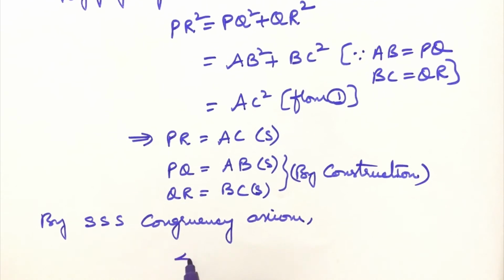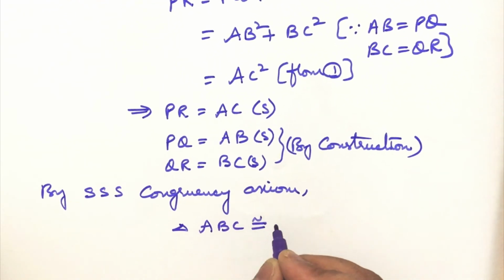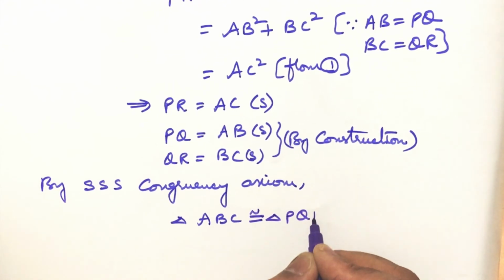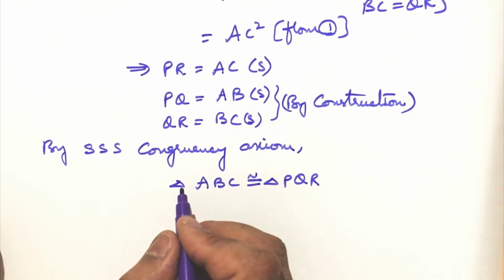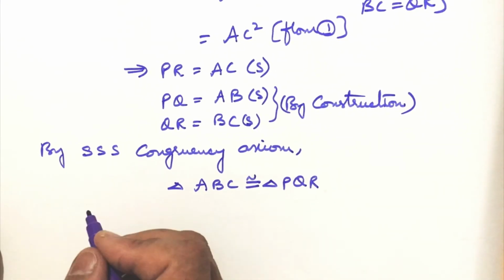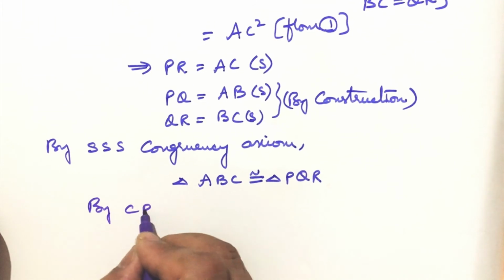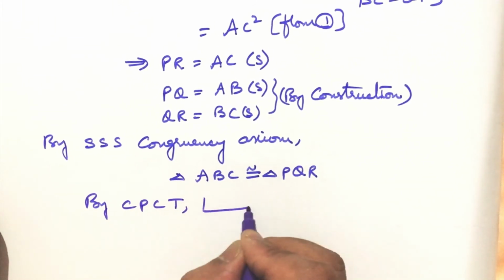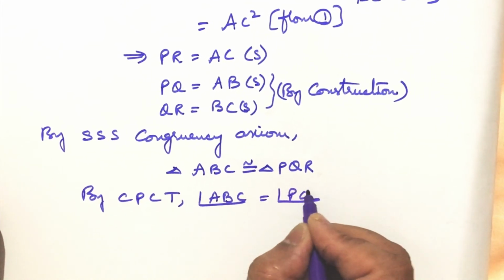By that you can say that triangle ABC is congruent to triangle PQR. If any two triangles are congruent, we can say that the corresponding parts of congruent triangles are equal. So by CPCT, angle ABC is equal to angle PQR.